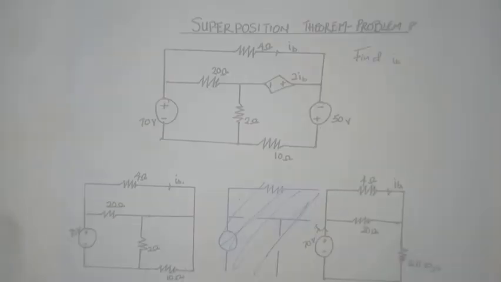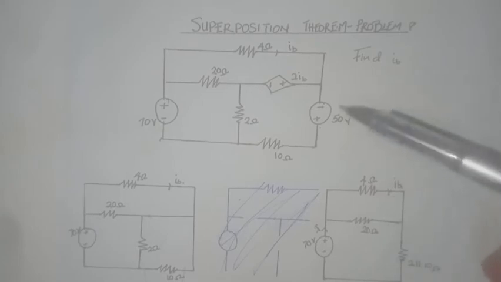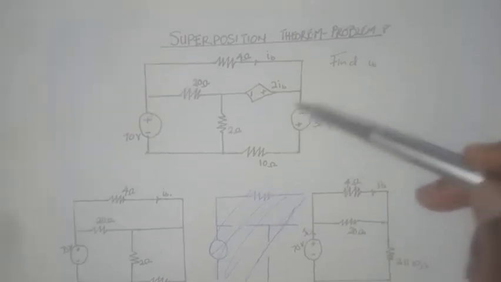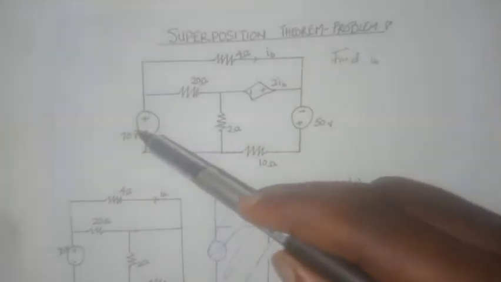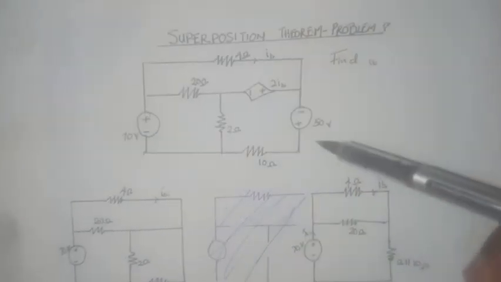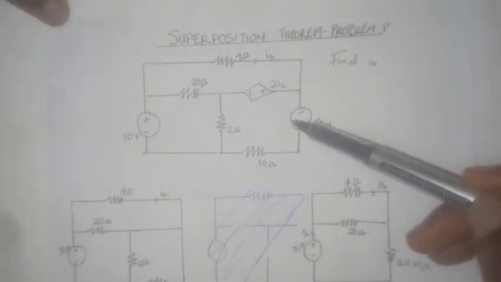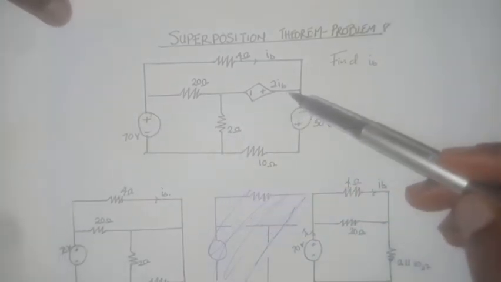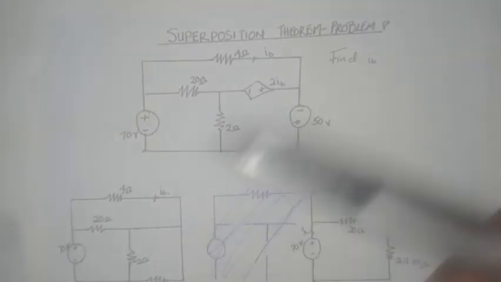Now the next thing I want to do is to find the value of IB due to this 50 volt power source. In other words, we will be turning off these voltage sources while leaving this one on, replacing them with short circuits, and the circuit will look something like this.